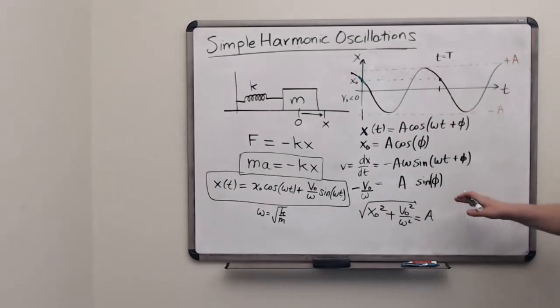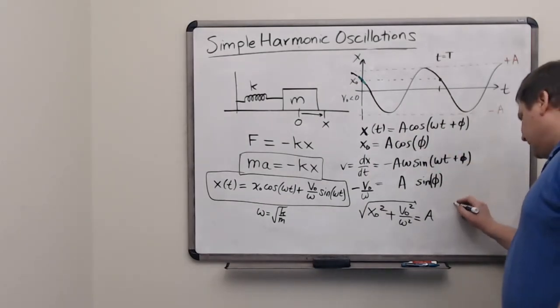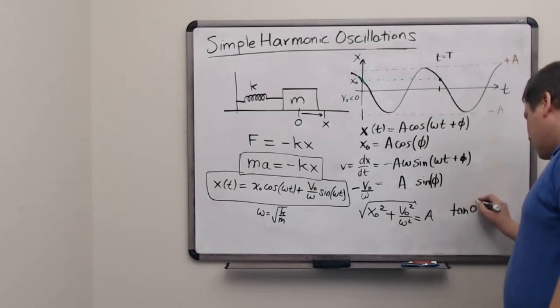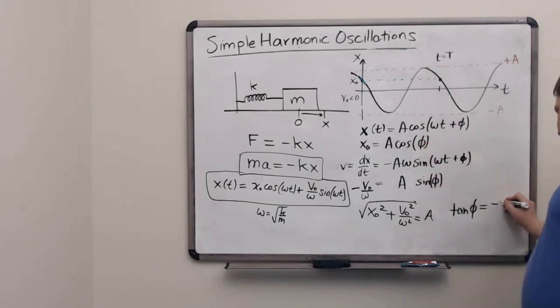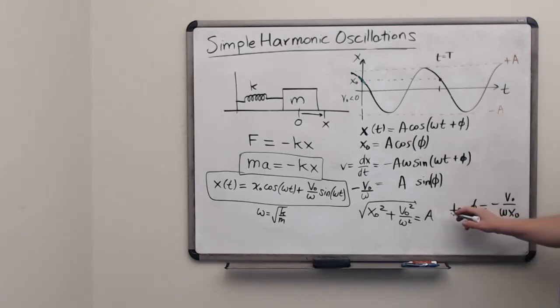Now we can also get an expression for the phase, which is not as useful. If we divide these two equations by each other, sine over cosine will be equal to minus v0 over omega x0. And so we could take the inverse tangent of both sides of this equation to predict the value of the phase.